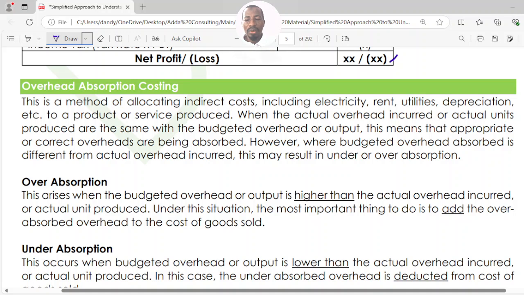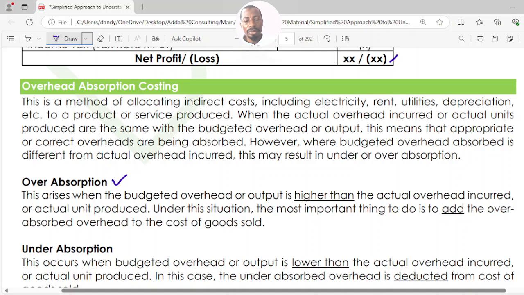But if the budgeted overhead absorbed is different from the actual overhead incurred, then this may result in under or over absorbed overhead. Therefore, what do you mean by under absorbed overhead? What is over absorbed overhead? Let's pick it one after the other.